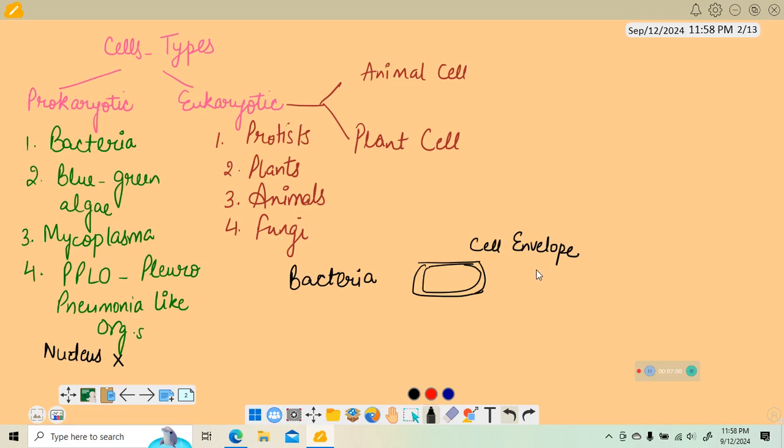That cell envelope consists of plasma membrane and cell wall.